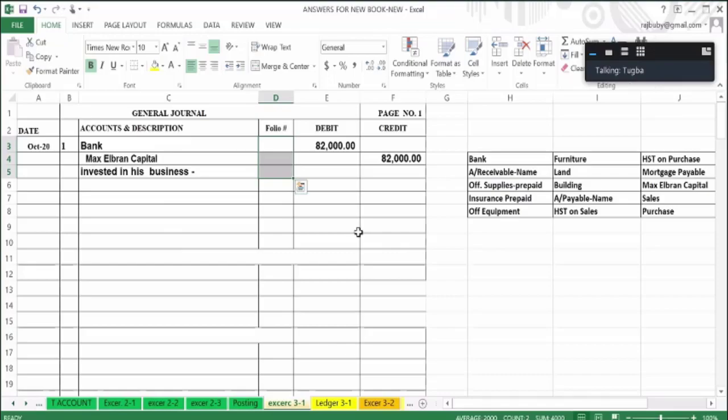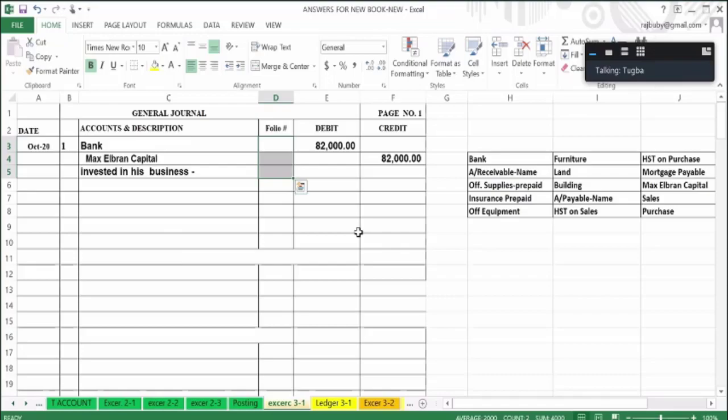The second one is October 2nd. Bought land and a building, making a $40,000 down payment and signing a mortgage at Bank of Montreal for the balance of $60,000. Value of land $45,000.